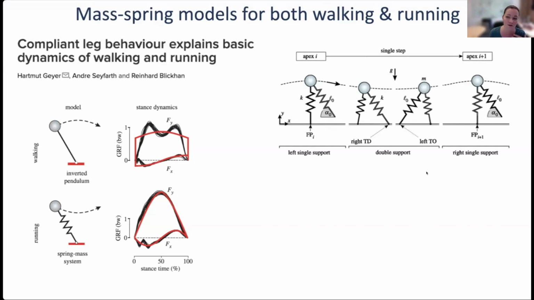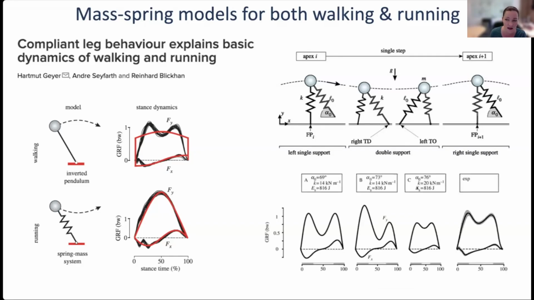And what they found is that with different combinations of leg contact angle and leg stiffness, they can replicate the ground reaction force patterns for walking, okay? And so what this is saying is that walking is not strictly like an inverted pendulum. It's a spring-loaded inverted pendulum where there is some compliance in the leg as it contacts the ground.